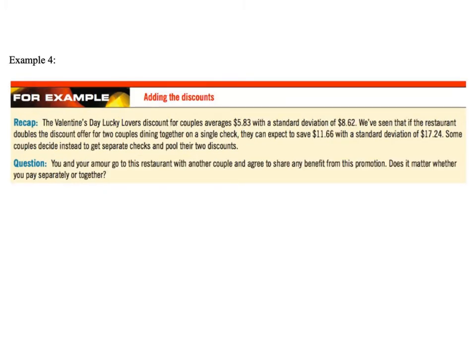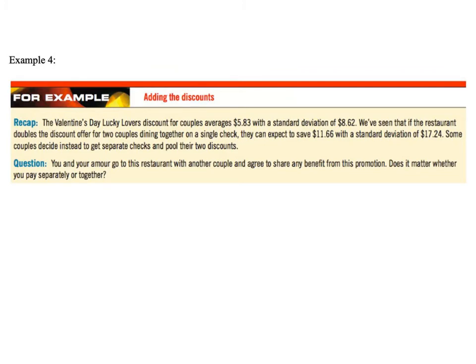Okay, let's expand even further. Same mean and standard deviation. We've seen if the restaurant doubles the discount offer for two couples dining together on a single check, they can expect to save $11.66 with a standard deviation of $17.24. Some couples decide instead to get 2 separate checks and pool their discounts.